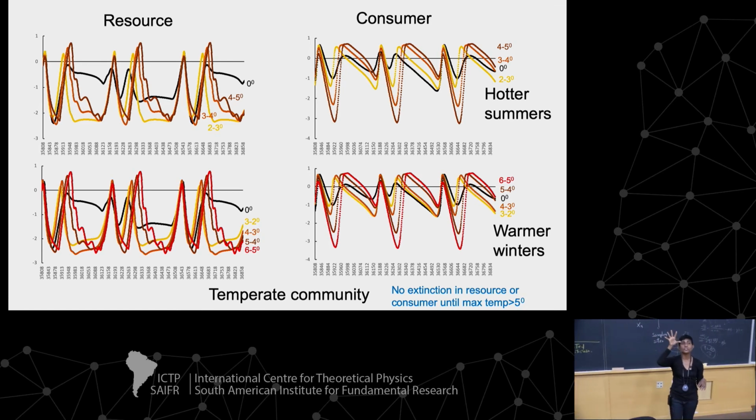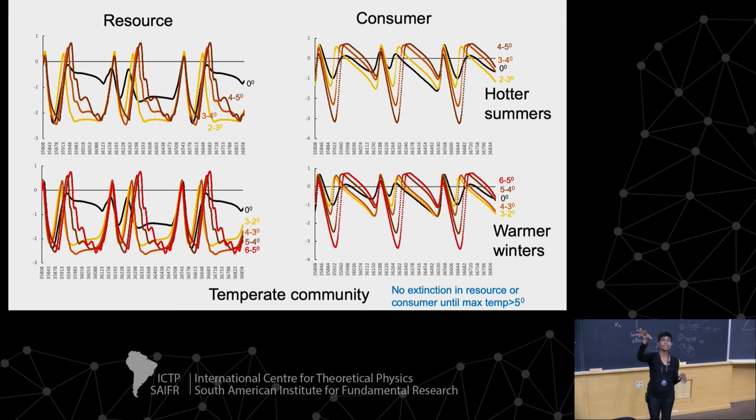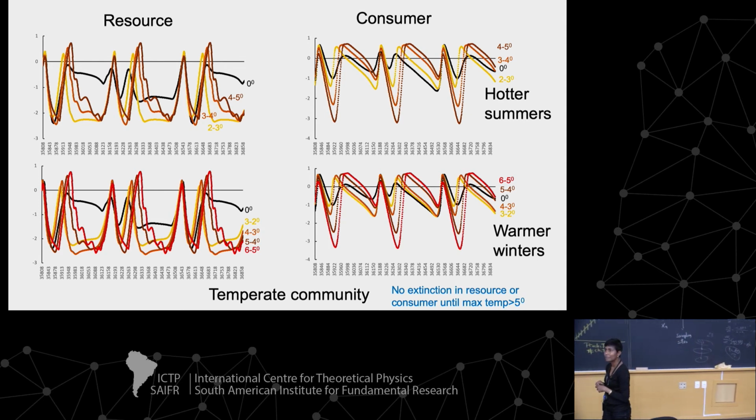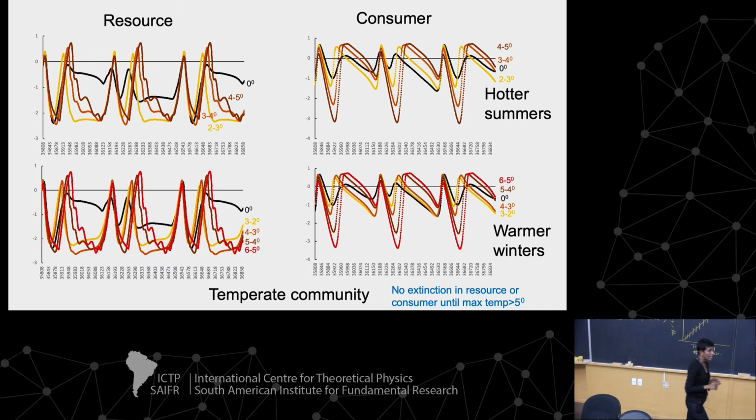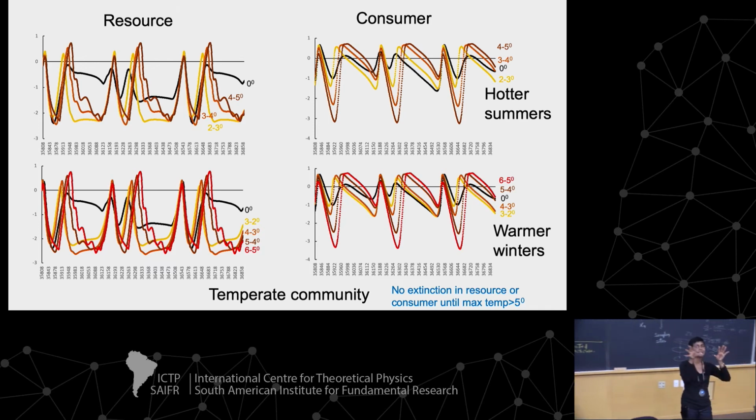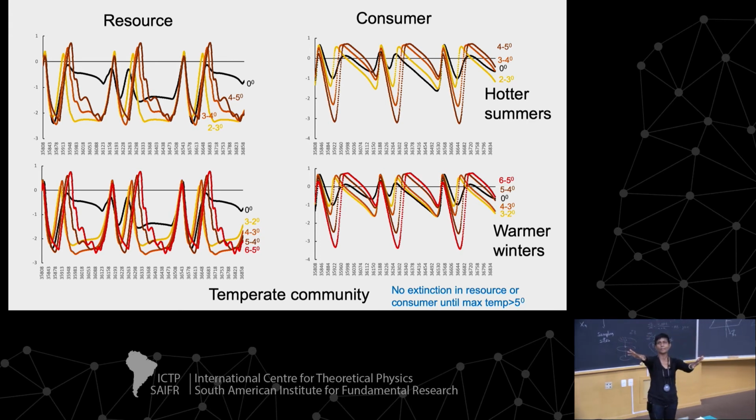But I also used parameter values that are realistic for these insects, which means, as I will get to in my bottom line, that they could go extinct due to demographic stochasticity at any time, because they go arbitrarily close to 0. I'll get to that in a second. But because this is a deterministic model, I wanted to be honest about not imposing something, given the realistic parameter values.